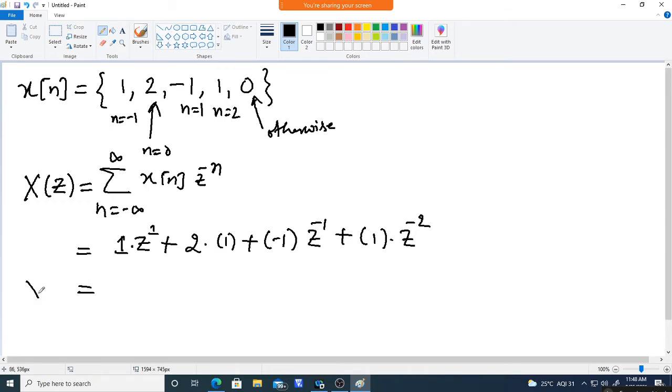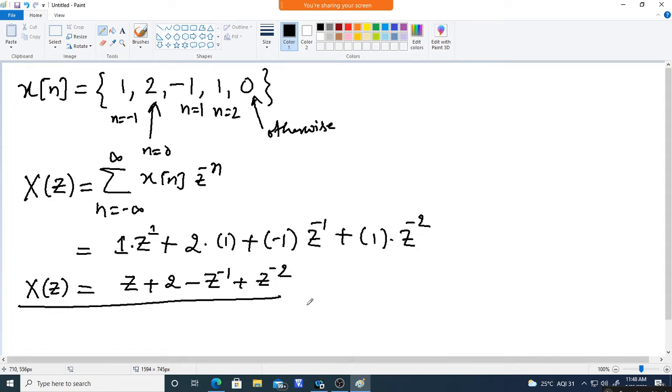So this is your X of z: z plus 2 minus z inverse plus z power minus 2. And the ROC will be found by seeing for what values X of z does not exist, that is, a finite value will not exist. If I put z equal to infinity, it will not exist because the whole thing becomes infinity.